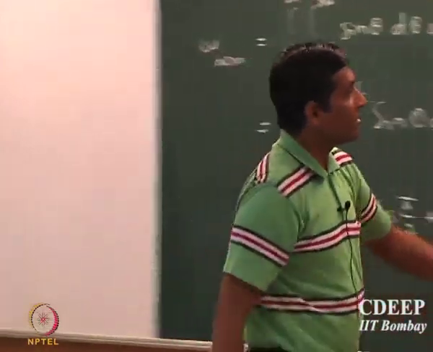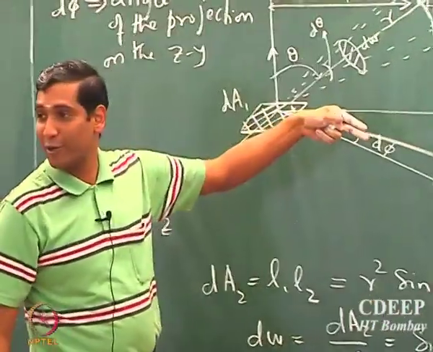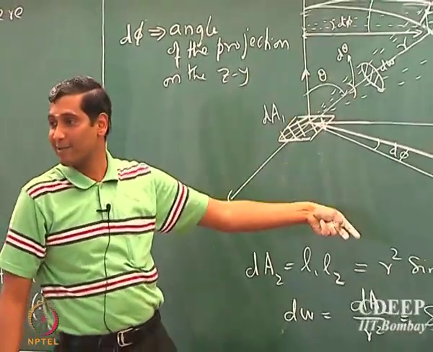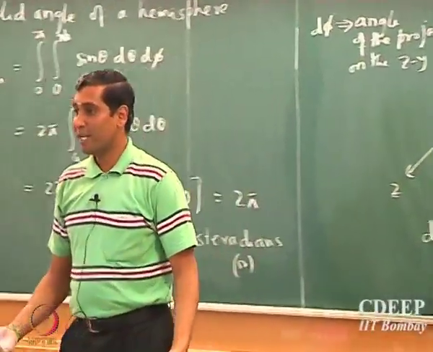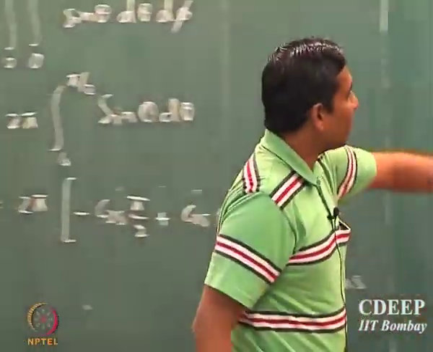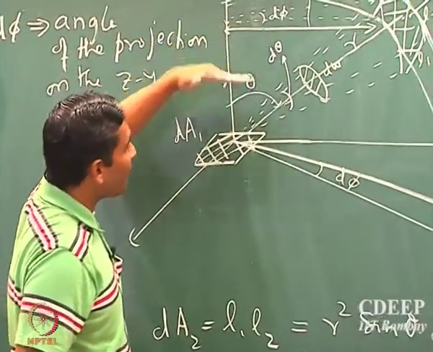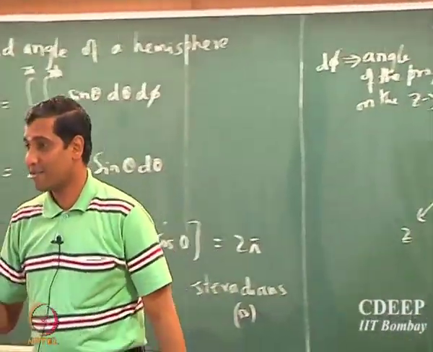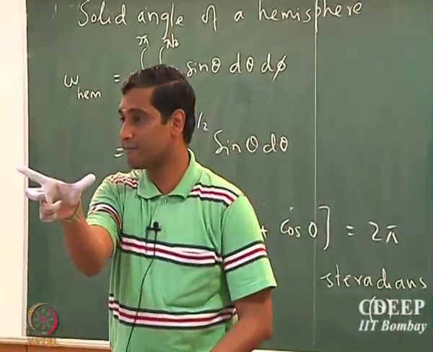It's a projection, so it doesn't matter where you write the projection. For convenience, I've written it here. Whichever plane you write the projection in, the angle remains the same. It's just that the length will be different.